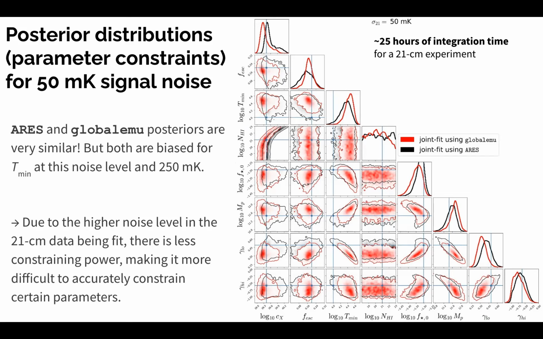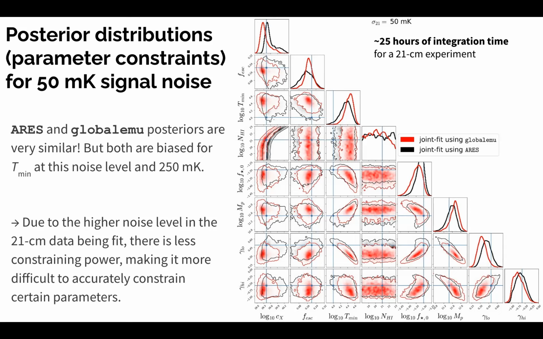So now we're looking on a very fine level at how accurate Global Emu is compared to Aries. If we look at each of these red and black distributions, we're going to calculate the number of standard deviations between them. That's done by calculating the mean of each red and black distribution. Let's take this one, for example: the mean of the red one and the mean of the black one, and then we subtract those and divide by the standard deviation of the black distribution.